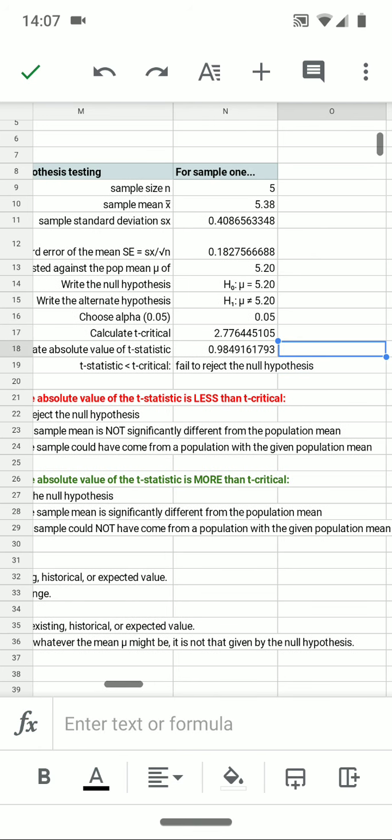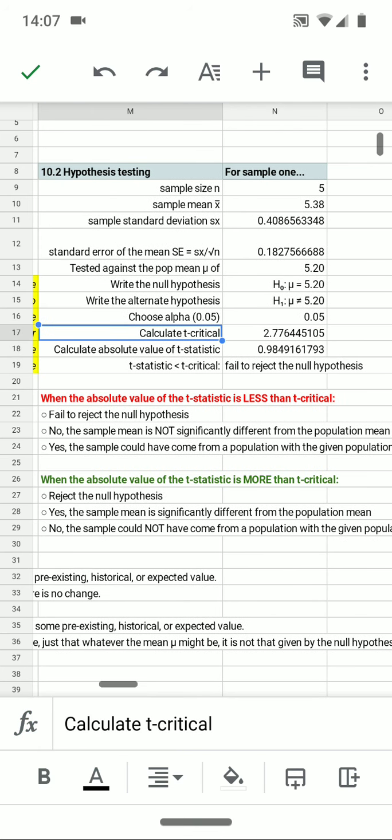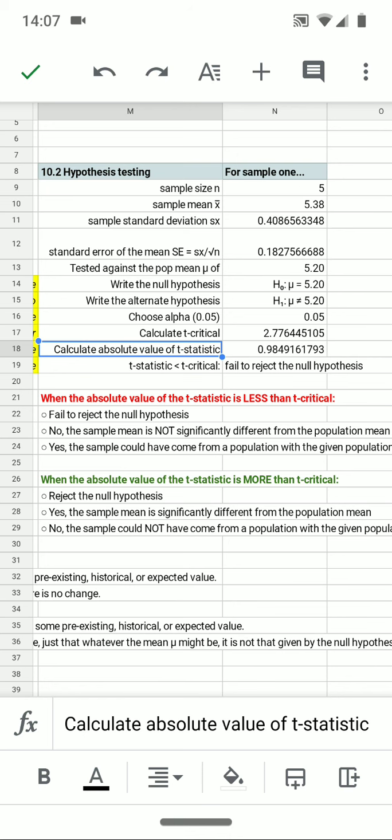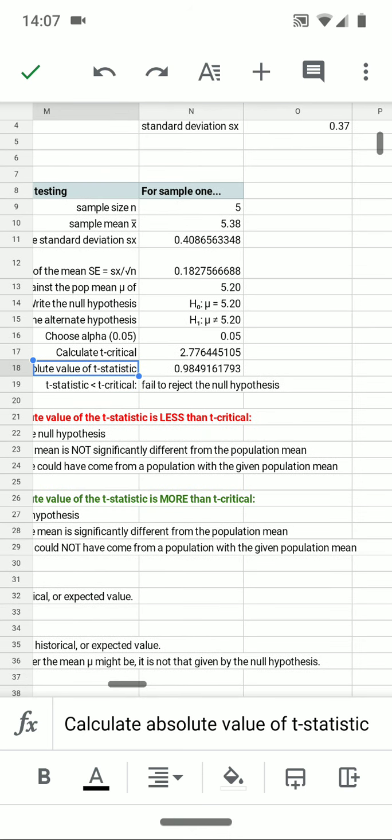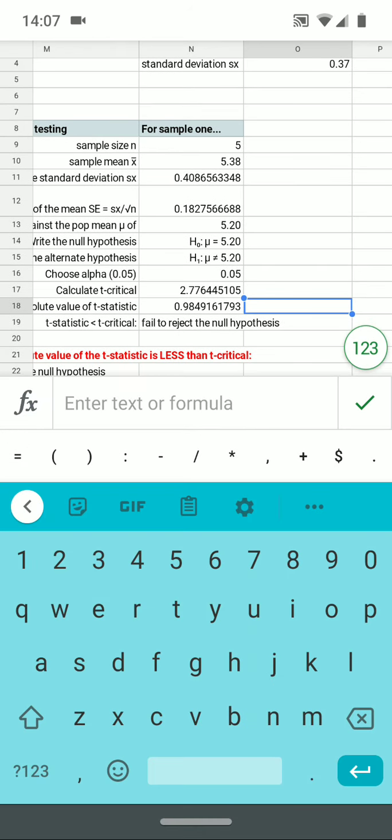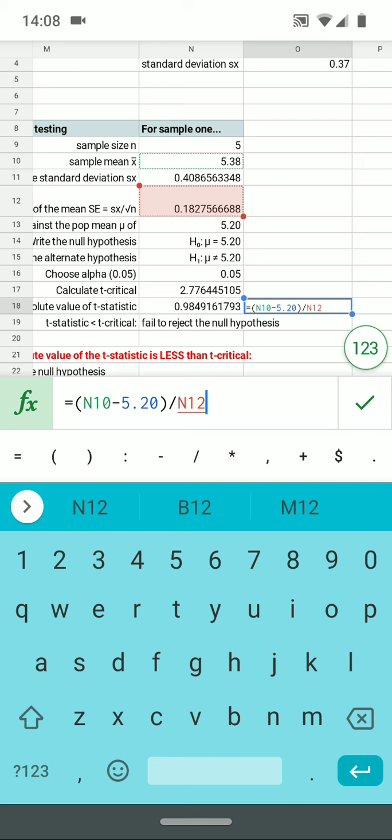The other and more complicated new piece is the t-statistic. A lot of t's running around here. This is the t-statistic. Let me calculate this manually over here. It is equal to the sample mean minus the value we're testing against, the 5.20 value, divided by the standard error. That's why you need the standard error.